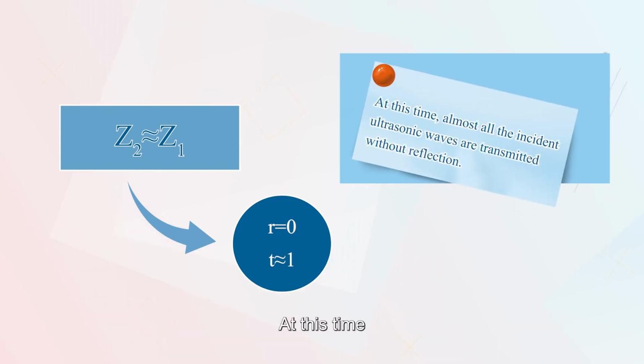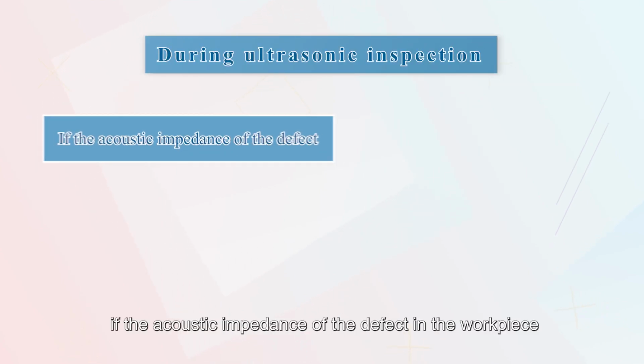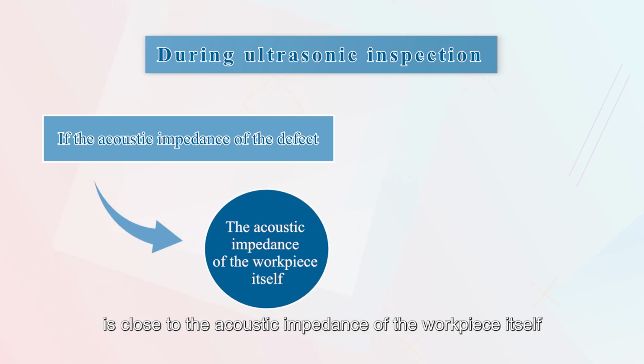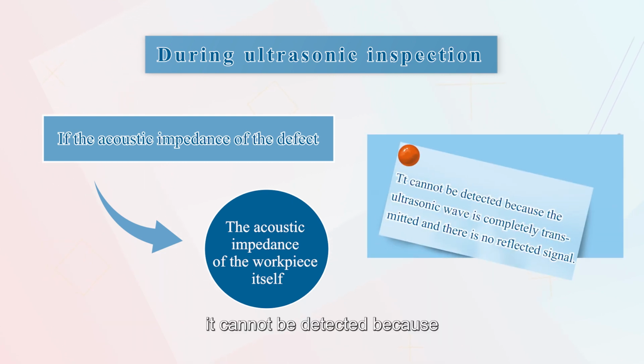At this time, almost all the incident ultrasonic waves are transmitted without reflection, as if there is no interface. During ultrasonic inspection, if the acoustic impedance of the defect in the workpiece is close to the acoustic impedance of the workpiece itself, it cannot be detected because the ultrasonic wave is completely transmitted and there is no reflected signal.